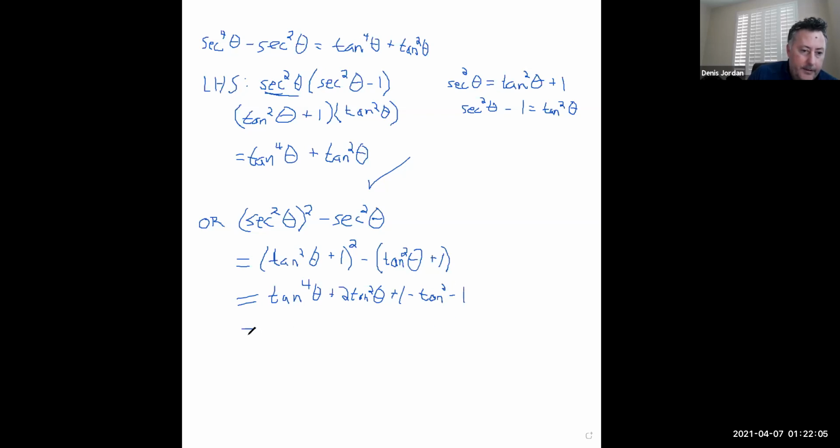And then just combine your like terms. So the ones are gone. Oh, I forgot the theta. You can combine the tangent squareds. And there you go.